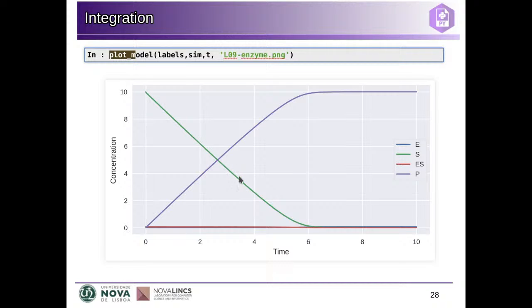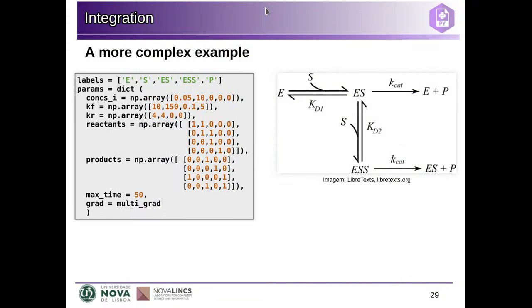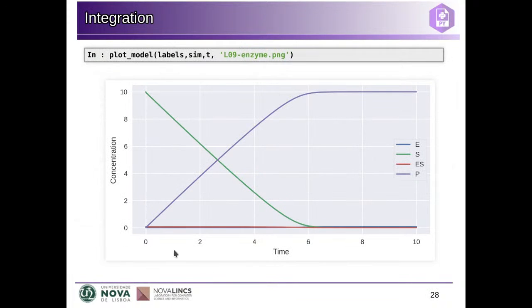The substrate is also being consumed here at the beginning, and here we have the two other species, which are the enzyme and the enzyme substrate complex, that are very low. We don't see them very well here on the graph, but we can actually zoom in if you want to manipulate the scale and so on. I'll give an example a bit further on. We can zoom in here and see how these change.